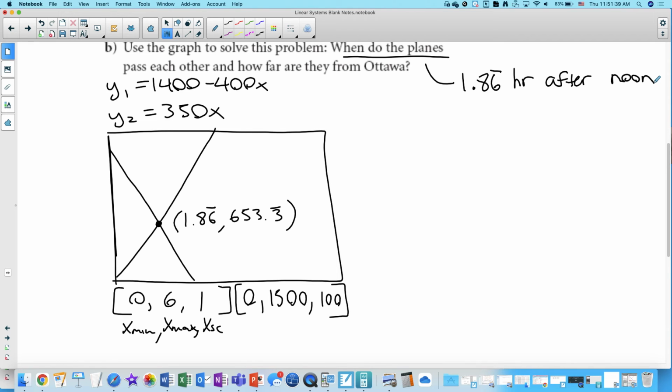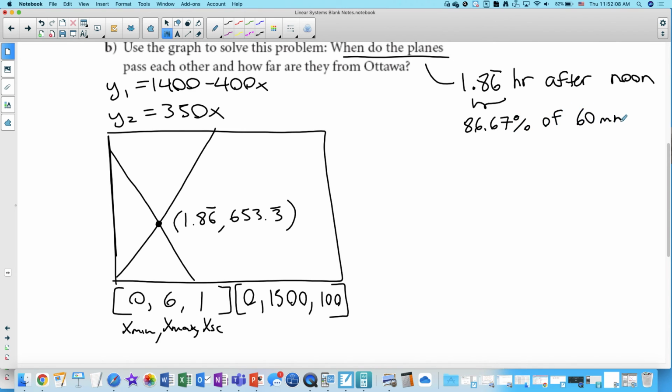Yes, exactly. This is essentially like, if we round to the nearest tenth, 87% of an hour. And an hour is 60 minutes, right? So this part is 86.67, let's say to round, percent of 60 minutes, because 60 minutes is 1 hour.